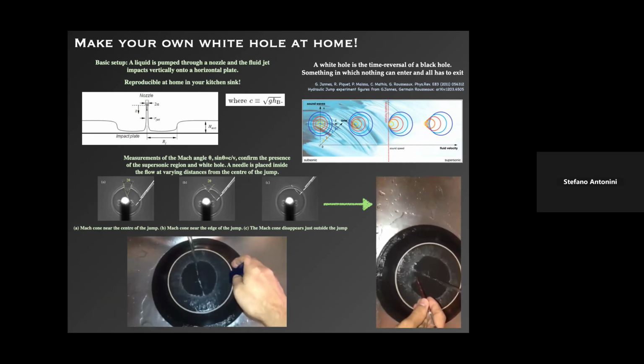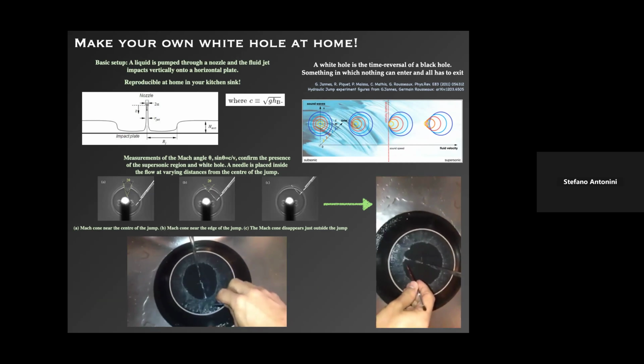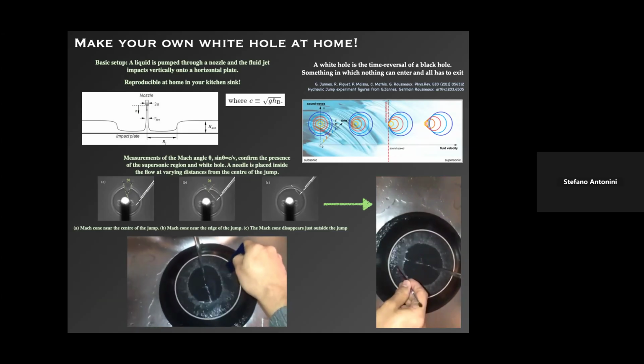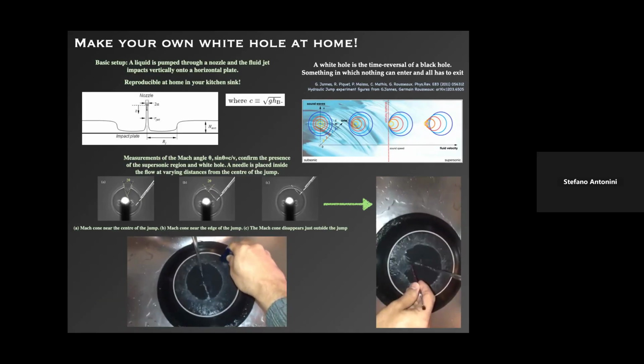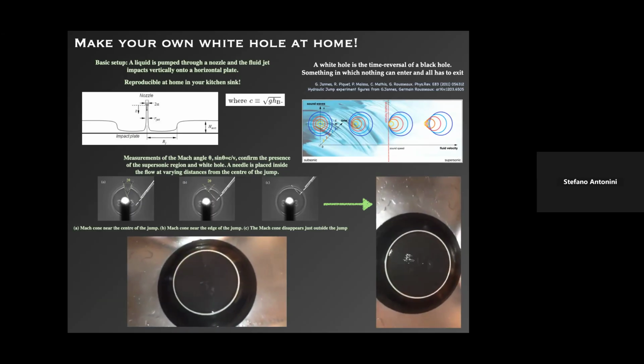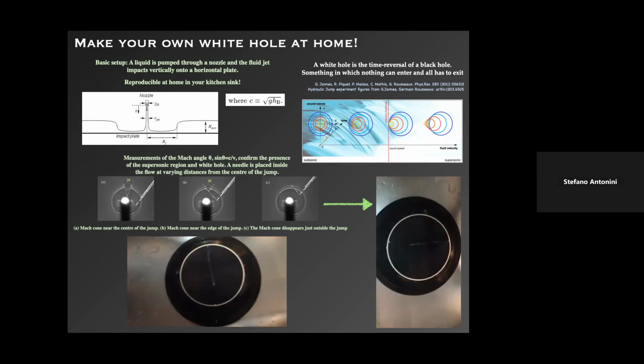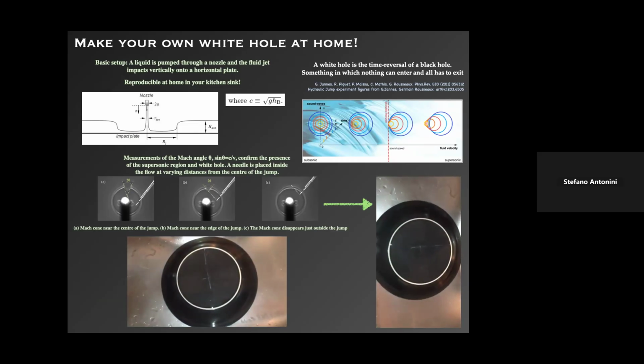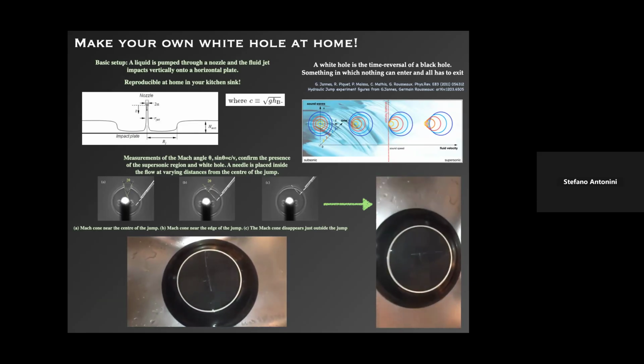And you can basically produce the qualitative picture very easily. So this is basically a sink. You have water flowing from the tap. You see what is happening? You cannot penetrate, because this is a region of supersonic flow. And here you can really see that this is the analog of a white hole.